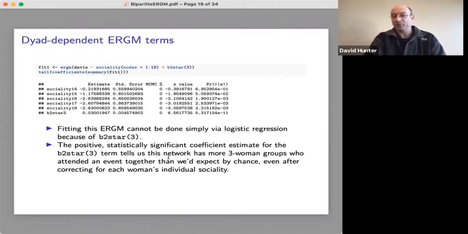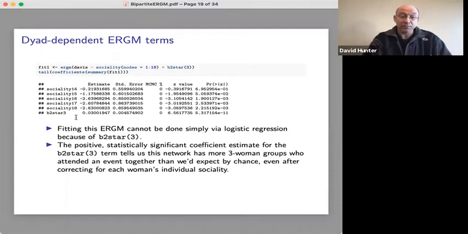So that proves problematic for a number of reasons that we don't have nearly enough time to go into right now, but it means that the estimates that you're looking at are actually obtained via an approximate algorithm. So there's a little bit of stochasticity involved, some randomness, and so these coefficients will be slightly different if you were to rerun the fitting algorithm.